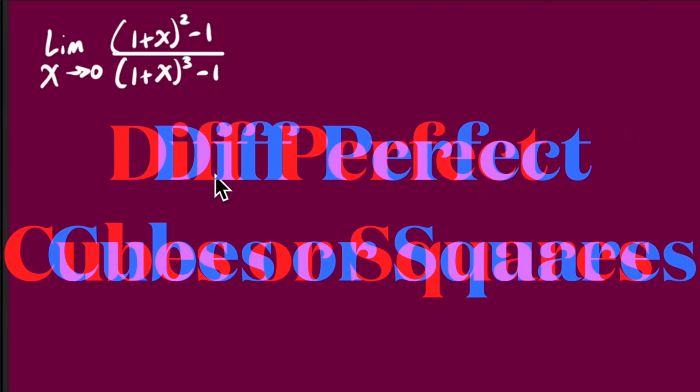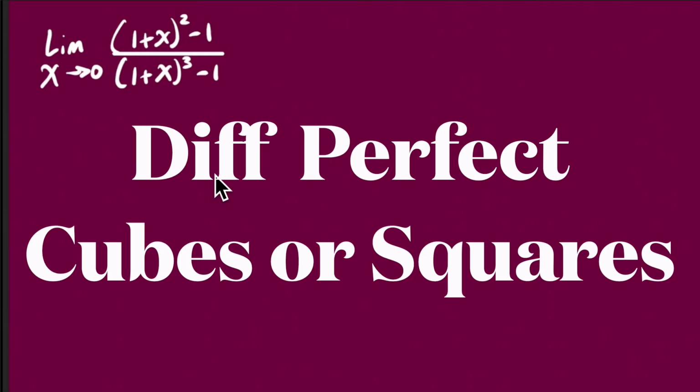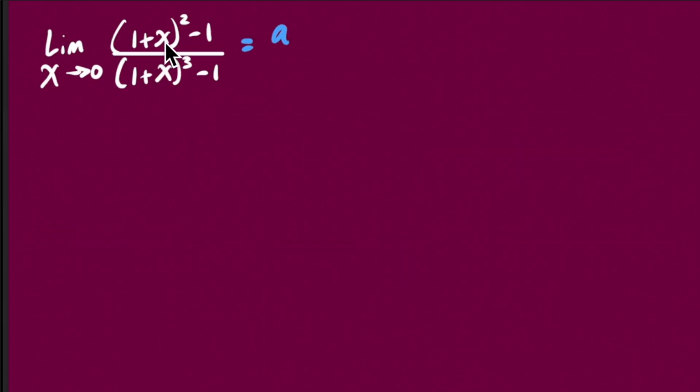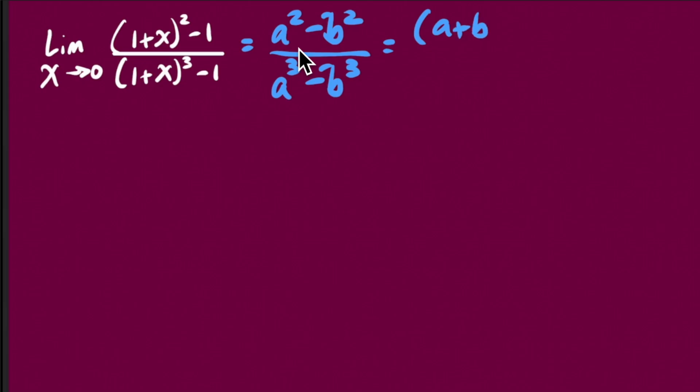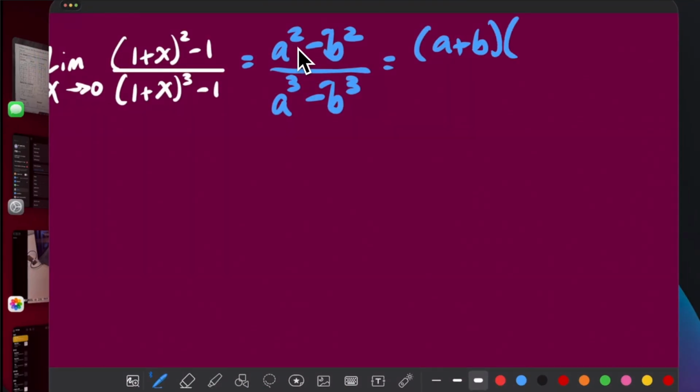Next, we have this limit as x approaches 0. And we recognize this as the difference between two perfect squares in the numerator and the difference between two perfect cubes in the denominator. And these a's and b's are not the same, it's just for illustrative purposes. Okay, so if we have the difference between two perfect squares, we know we're going to have (a plus b) times (a minus b).